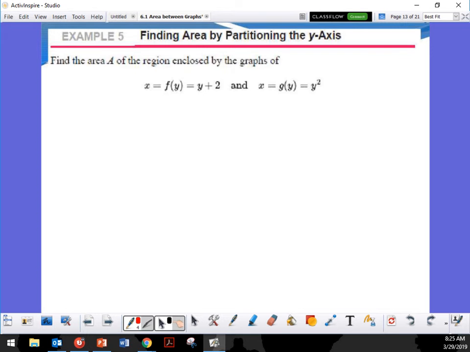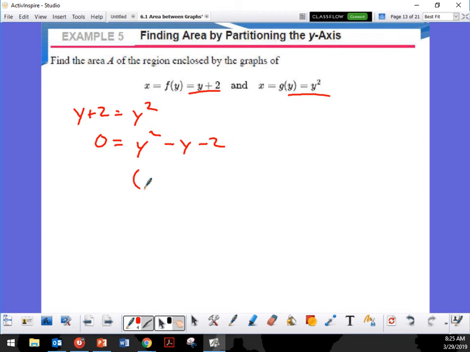So let's start off. Same thing. What do I got to do with these things? Set them equal. So it's going to be y plus 2 equals y squared. 0 equals y squared minus y minus 2.